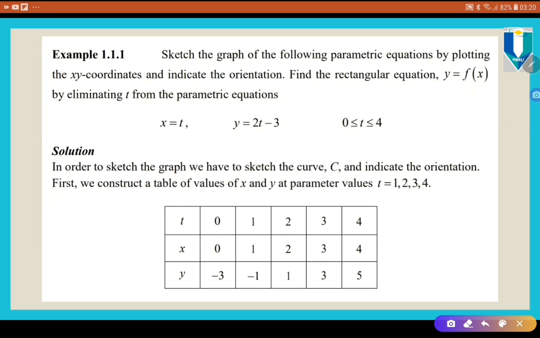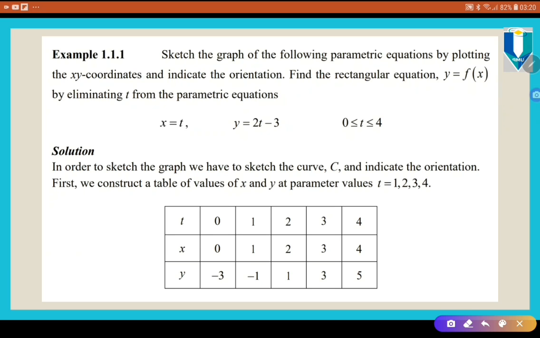Now let's look at example 1.1.1. Sketch the graph of the following parametric equation by plotting the xy coordinate and indicate the orientation. Find the rectangular equation y equals f(x) by eliminating t from the parametric equations. x equals t, y equals t minus 3, t from 0 to 4.